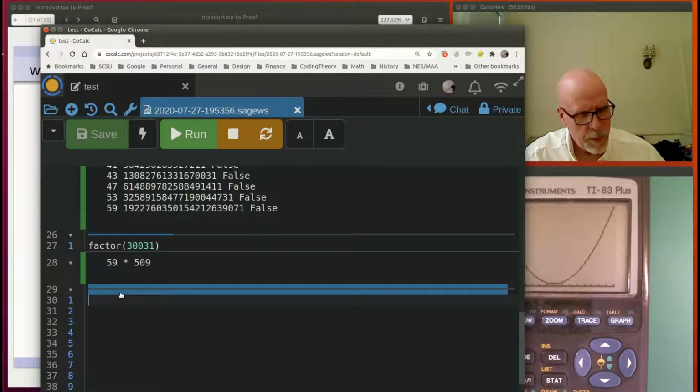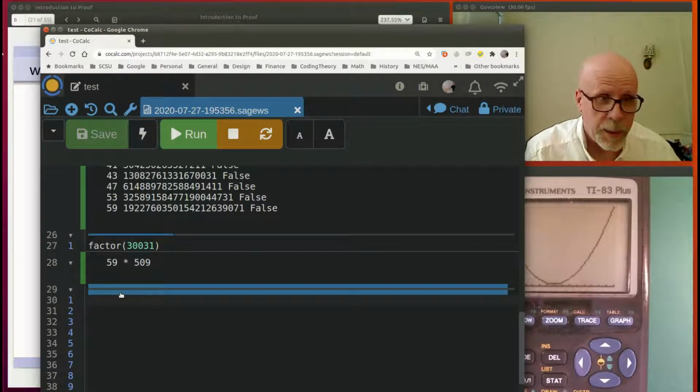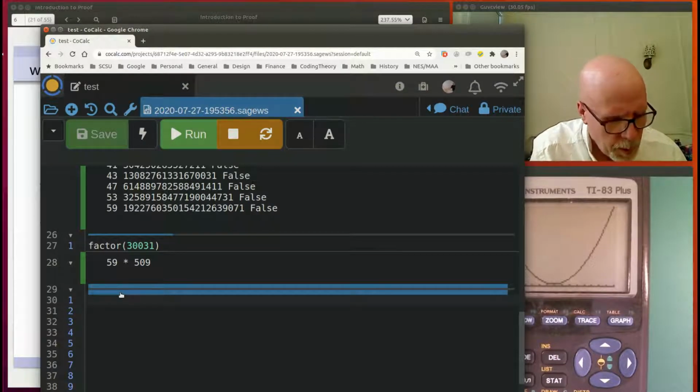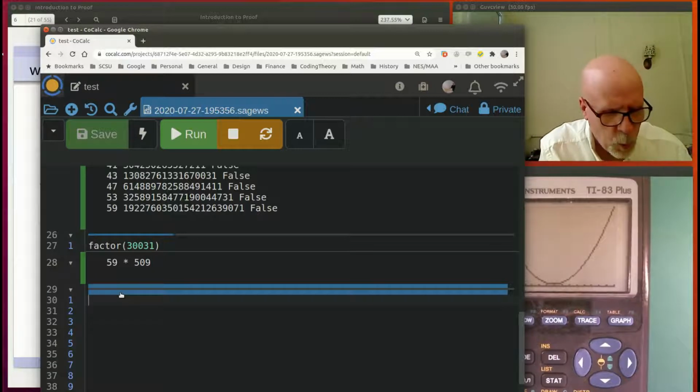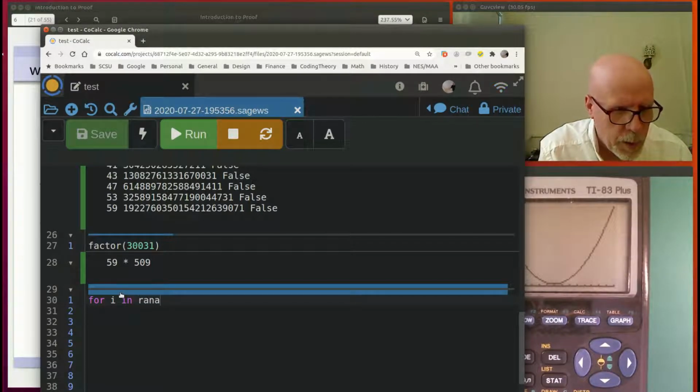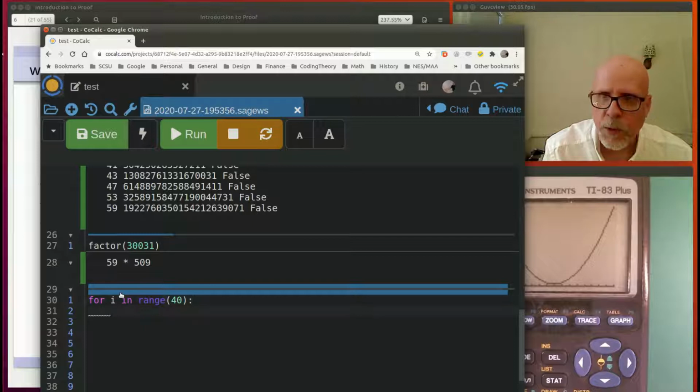I want to do something in Sage code similar to what I just did on the graphing calculator. So let's see, how will that fly? I'm going to use a loop: for i in range(40). Remember that when you're doing a control structure in Sage or Python, you end the line that introduces the control structure with a colon, and then when you hit enter, it'll automatically indent you the right amount.